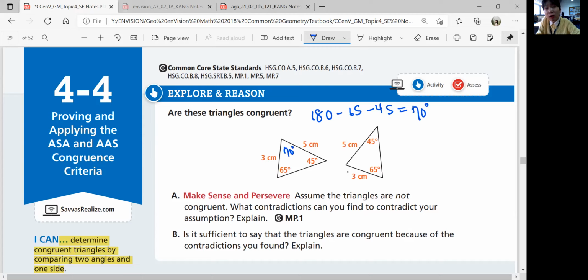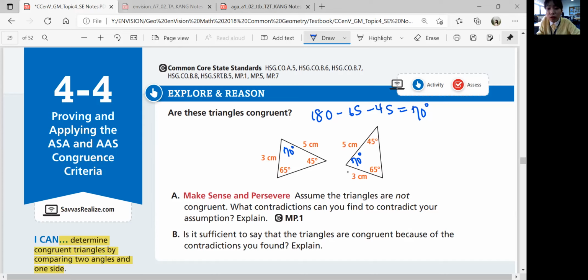And notice that the two angles that are given are the same. So all the angles are the same. Using the SAS triangle congruence theorem, the triangles must be congruent. So the assumption that the triangles are not congruent would be wrong. And this is how we can prove by making a contradiction.